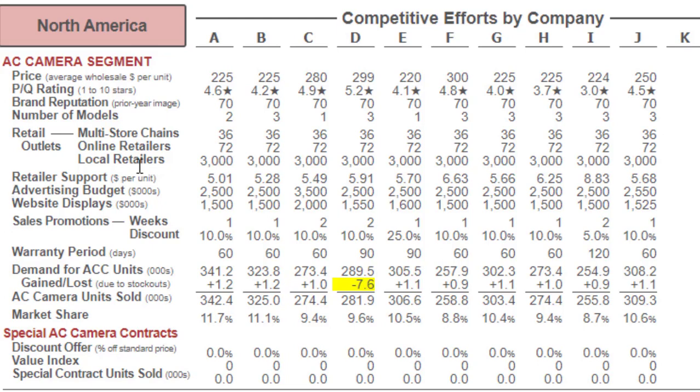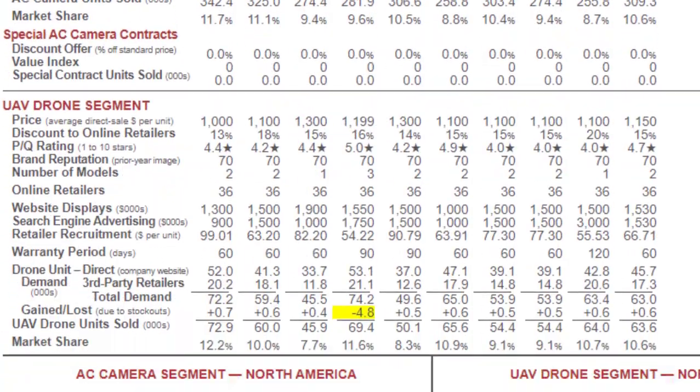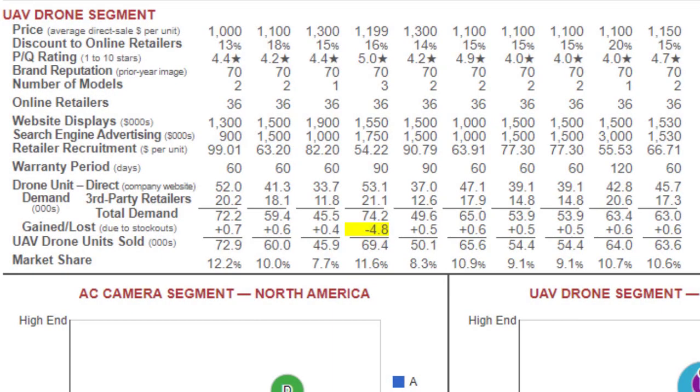So now if I jump down to the drone market for North America, if I look across the board, the average is 1,145. Let me see if there's anybody that kind of stands out. Okay, so I'm looking at Team A. They're selling for 1,000. Their PQ rating is 4.4. That's not bad because if you notice, Team C is at 4.4, but they're selling for $1,300.